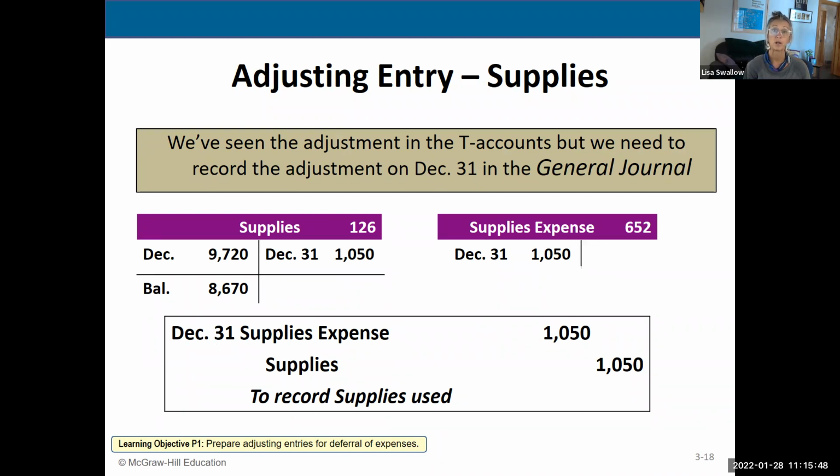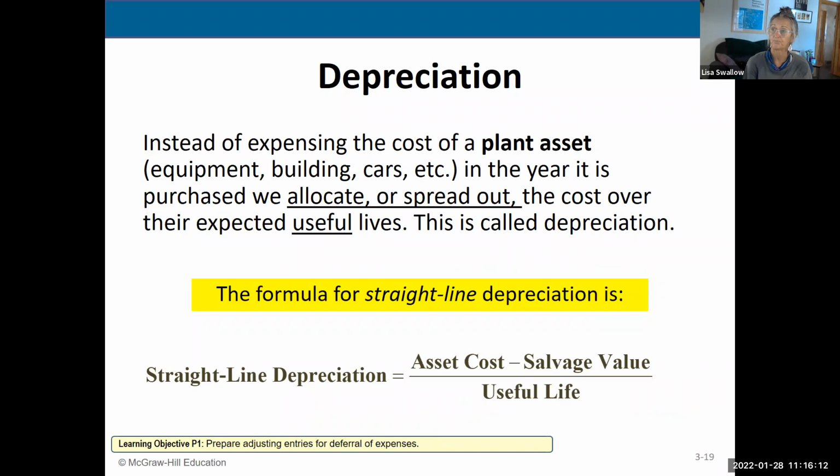Did I impact one P&L account? Yes, I did. Did I touch cash? No, I didn't. Okay, then I post my journal entry to my T accounts. My balance sheet shows exactly what it's supposed to. And my P&L has got an expense that complies with the matching principle for the month of December.